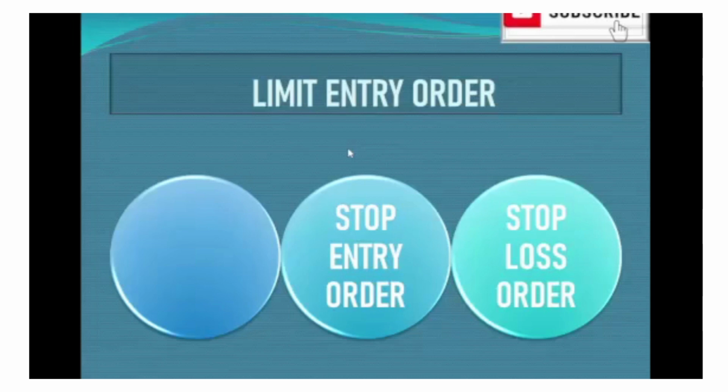If the price goes to that price, your trading platform will automatically execute a sell order at the best available price. You use this type of entry order when you believe prices will reverse upon hitting the price you specified. So this is how it works.